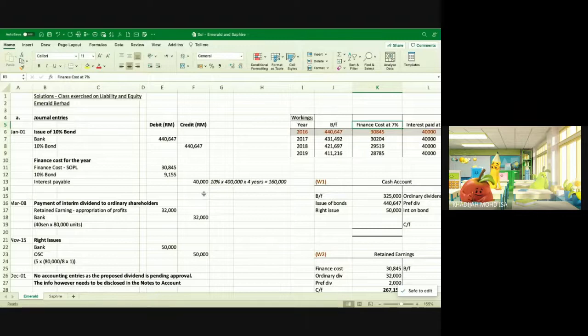If you took that, what is this? This is 7% of 440647. How do you get this? This one, M6.